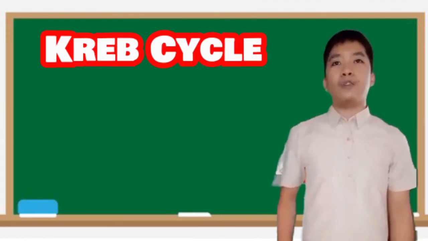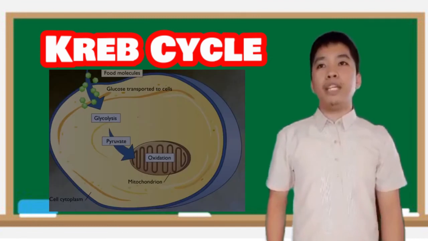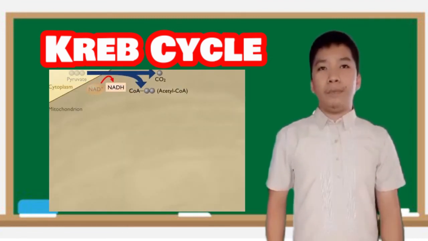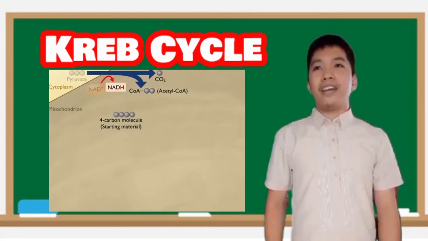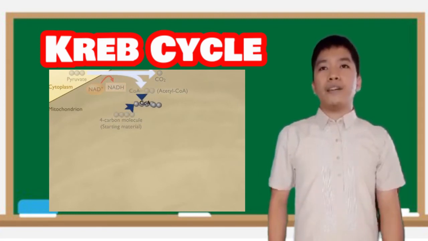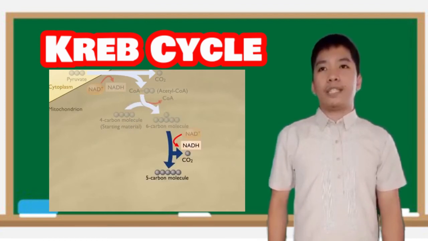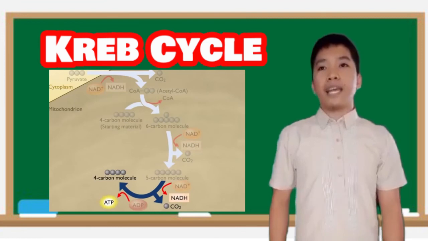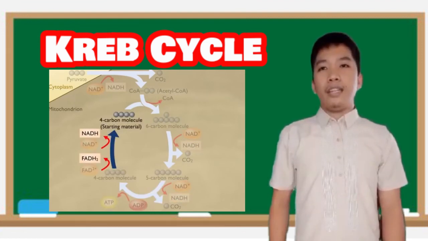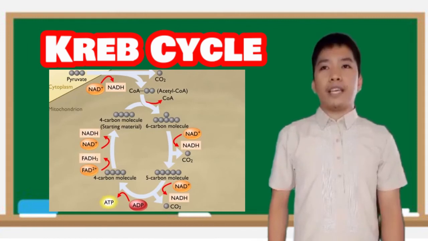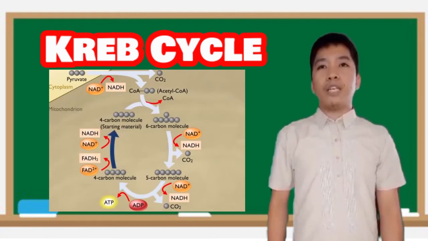The Krebs cycle completely dismantles the remaining 2 pyruvates and transfers energy from them into ATP energy, energy carrier molecules, and carbon dioxide, the carbon and oxygen atoms originally in glucose. The Krebs cycle produces 2 ATP molecules, 8 NADH, 2 FADH2, and 6 carbon dioxide from each glucose molecule.